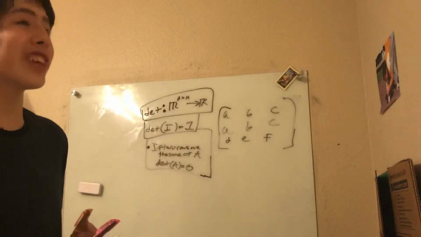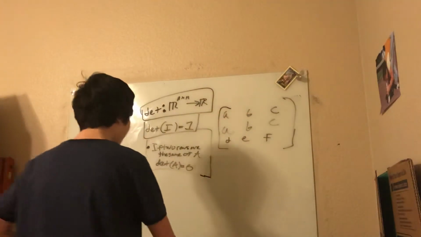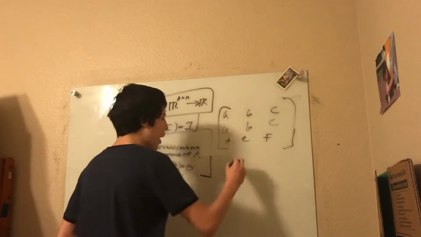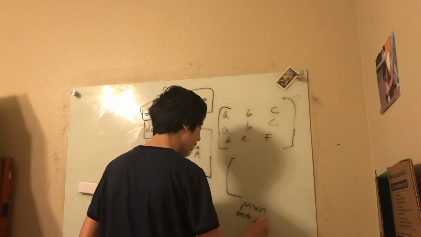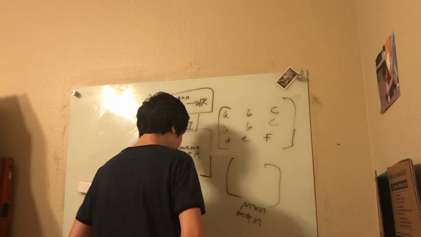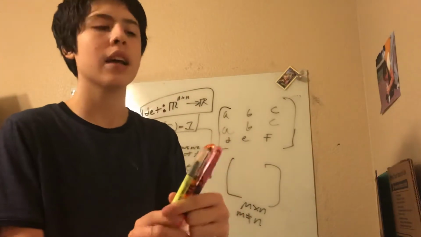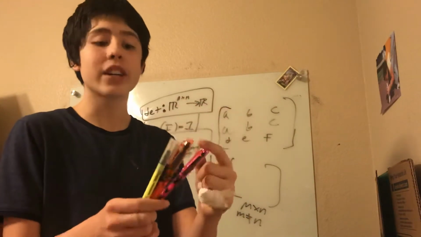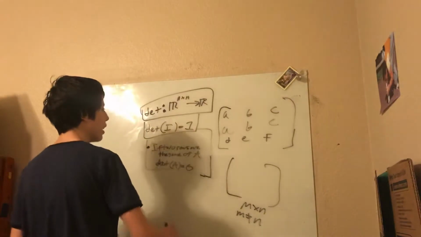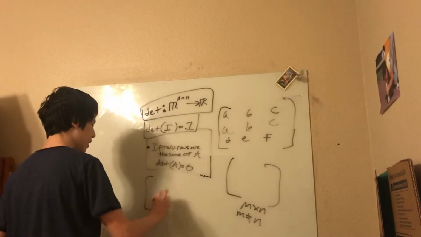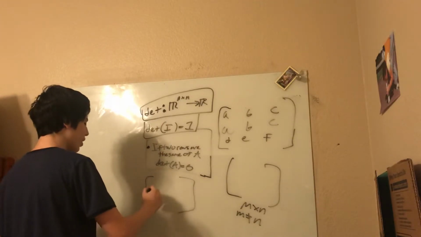And second of all, we can't find the determinant of an m by n matrix if m is not equal to n. And that's basically what we're doing here, because this is finding the area between 3 vectors in 2 dimensions.